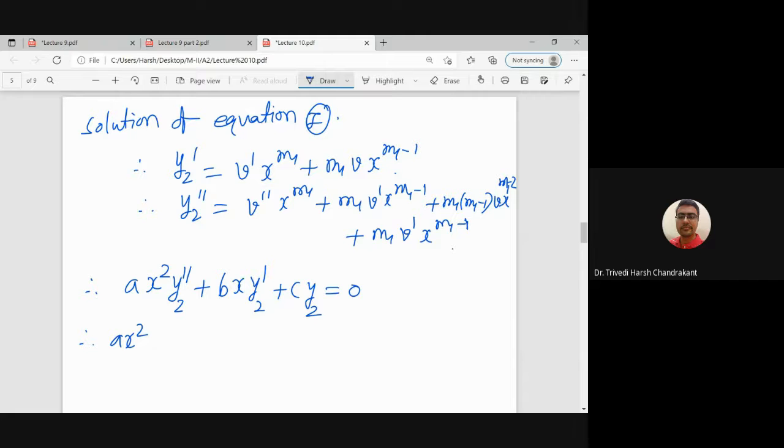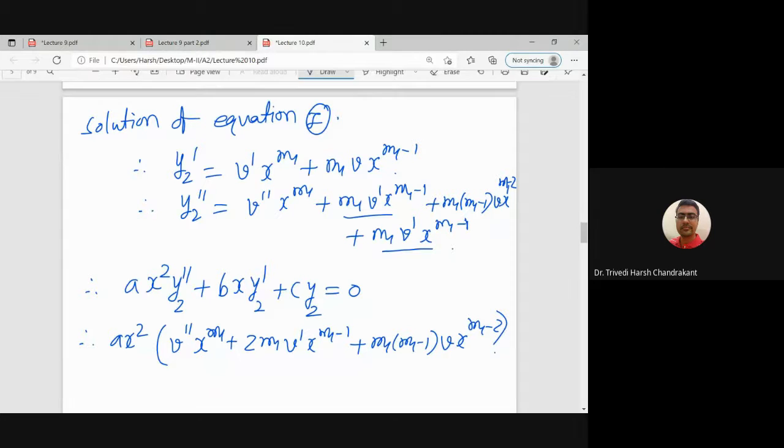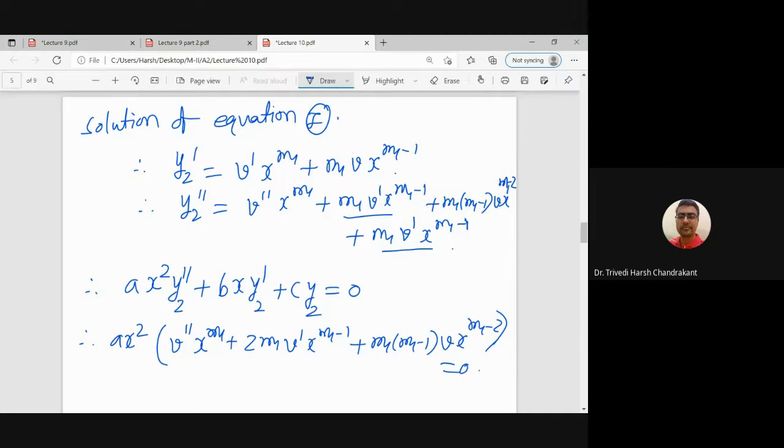It is x square times v double dash x^m1 plus, since this term is coming two times, 2m1 v dash x^(m1 minus 1) plus m1(m1 minus 1) v x^(m1 minus 2) equals 0.